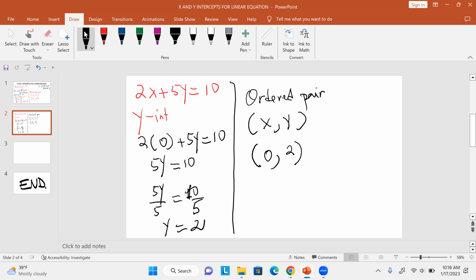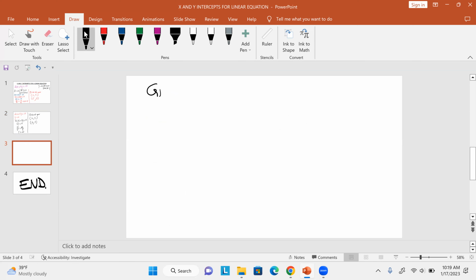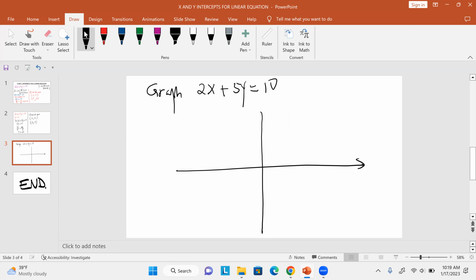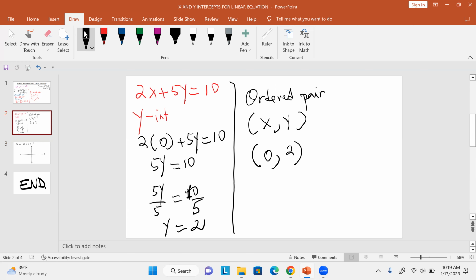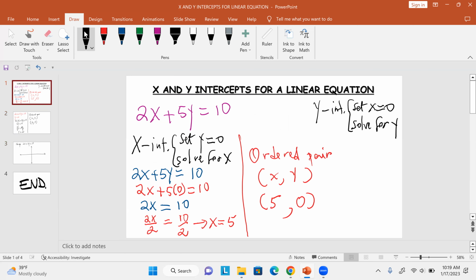Okay, so suppose they ask you to graph this equation using the x and the y-intercept. So graph 2x plus 5y equals 10. So we have the x, y coordinate. We said the x-intercept is (5, 0).